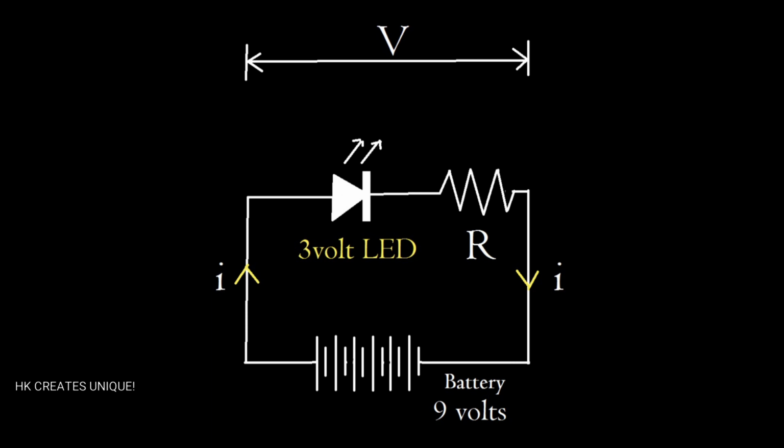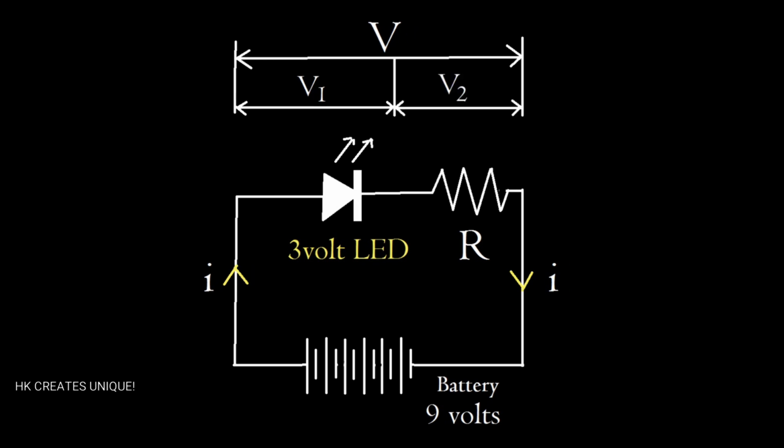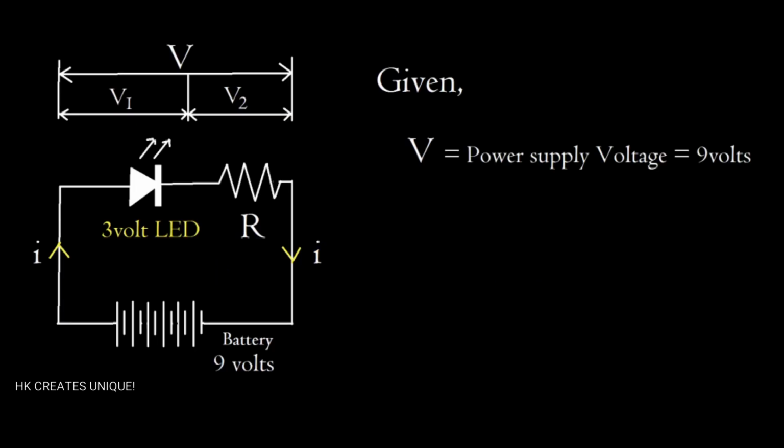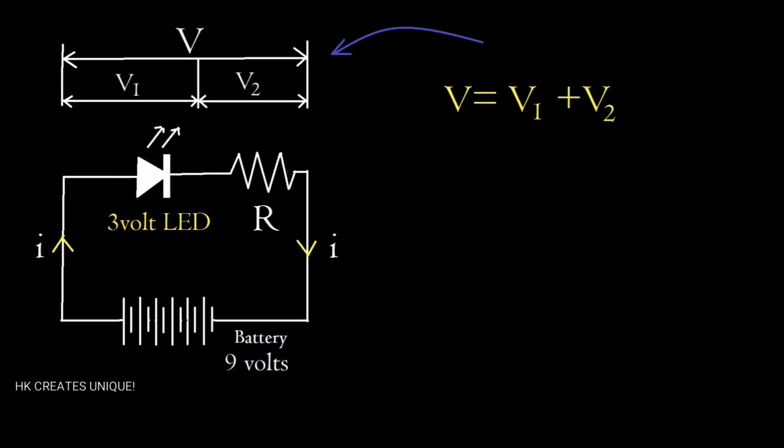In this circuit, let the total voltage be V. Voltage across the LED be V1 and the voltage across resistor be V2. Given that V is equal to 9 volts and V1 is equal to 3 volts. Clearly in the circuit, V is equal to V1 plus V2.